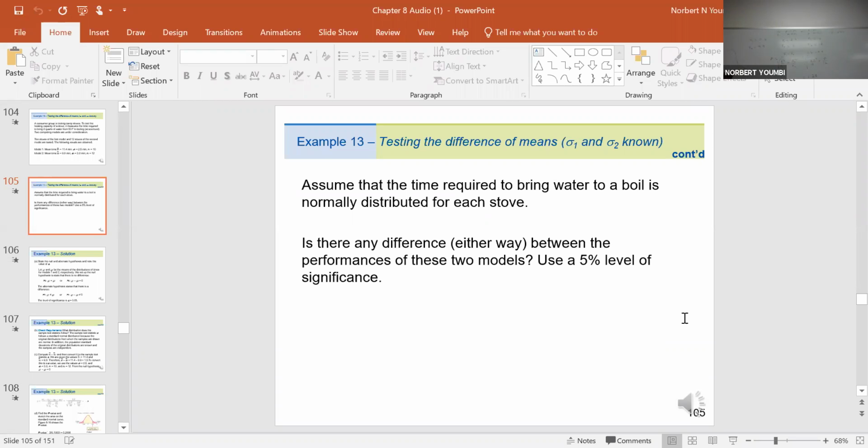So the p-value is this area. Here is half of the p-value because it's a two-tailed test. So the p-value is 2 times this area. What is the p-value? Yes, what do you get?